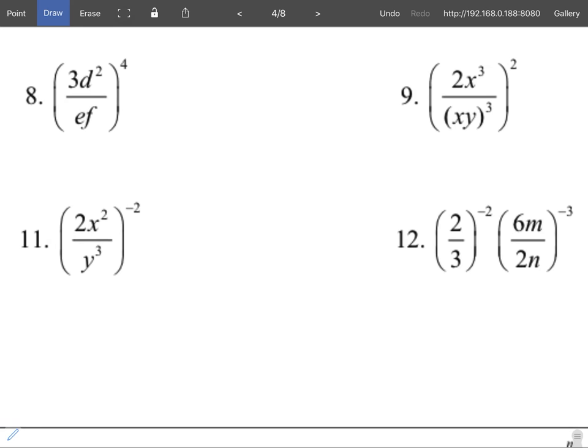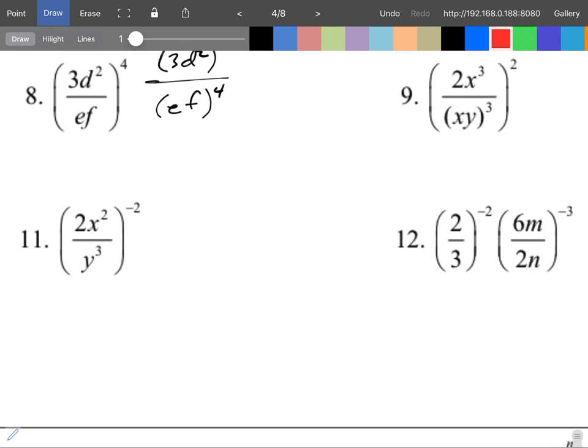So number 8, I'll kind of write this out with a little more detail. So what you're going to do is you're going to put the power on the numerator. So that would look like you would have 3d squared to the 4th power over EF to the 4th power. Well, what does that mean?